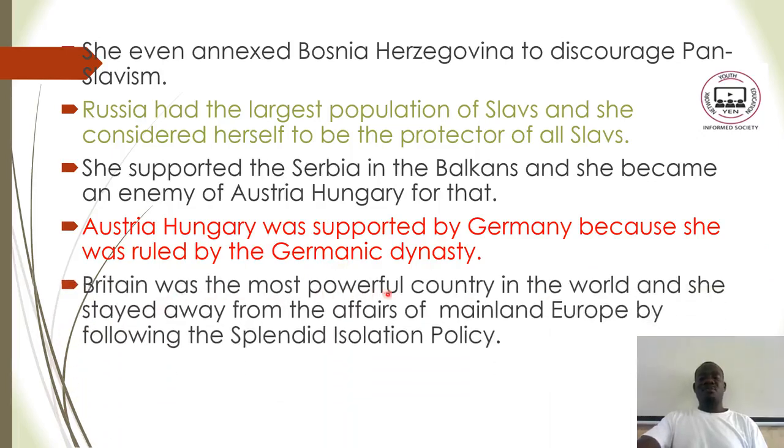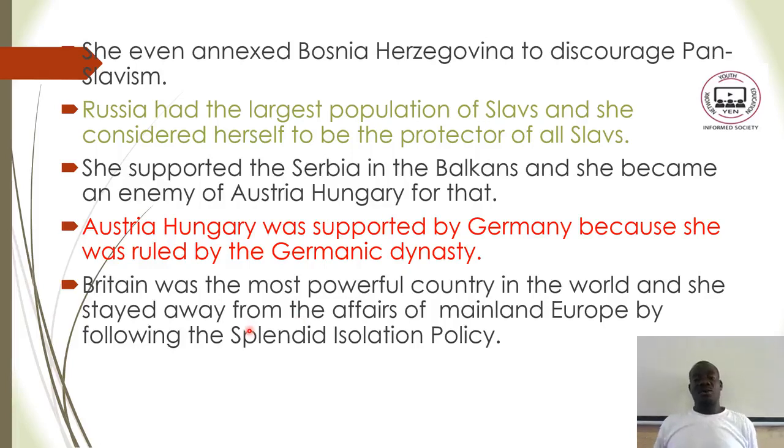Britain was the most powerful country in the world, and she stayed away from the affairs of mainland Europe by following a policy called splendid isolation. Britain followed the splendid isolation policy because she was the most powerful country, the richest, and she was staying away.